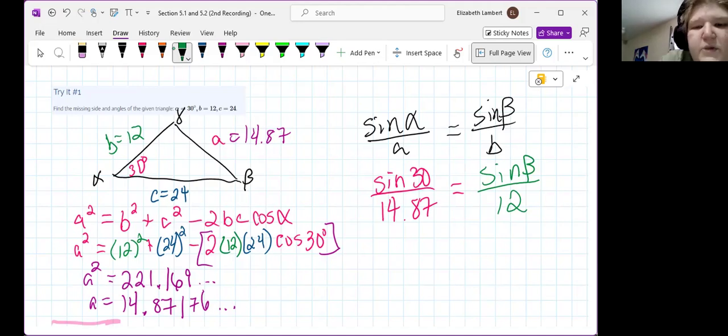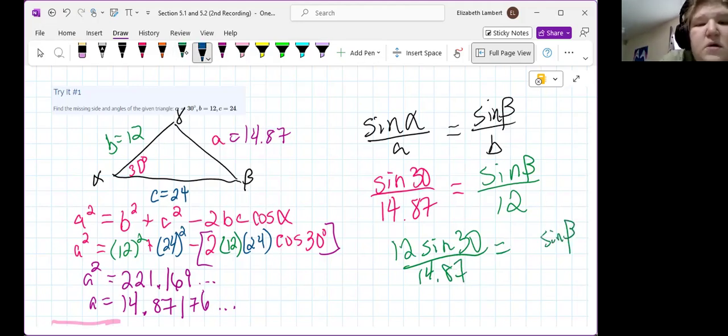So multiply both sides by 12. So we have 12 sine of 30 over 14.87 is equal to the sine of beta. Inverse sine to undo taking a sine.